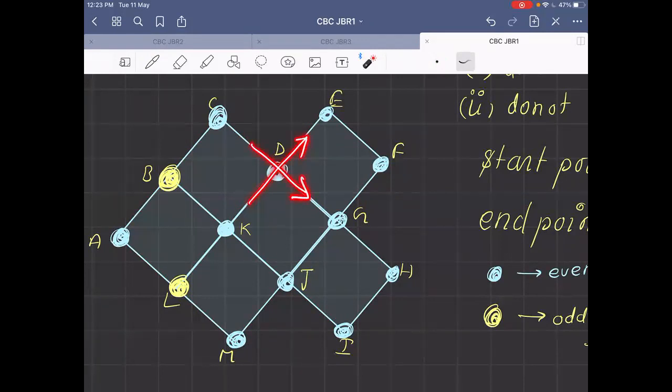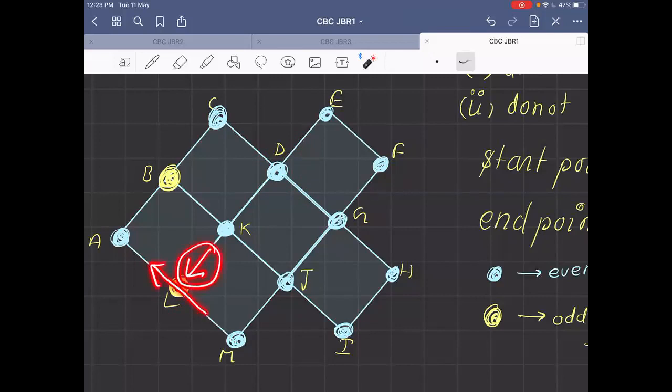These are traveling points. You will pass through them, not stop at them. So which points are going to be the starting and ending points? Because you can go in and come out, but here there is only one path. Either you can get out from here or you can get in here.